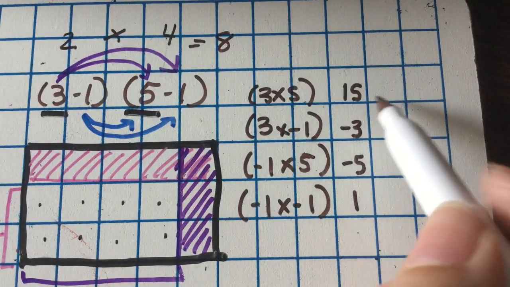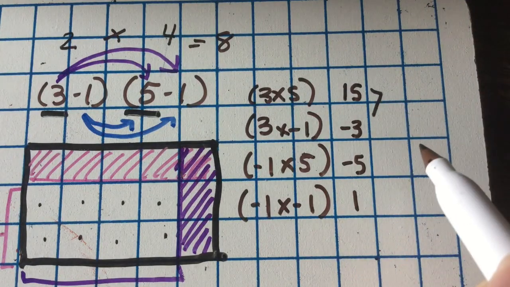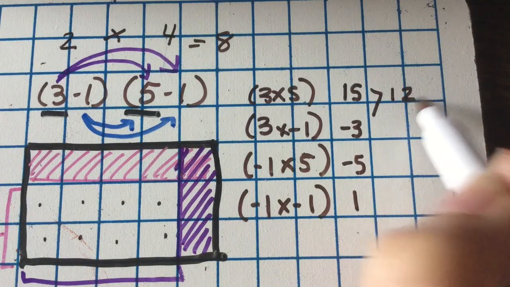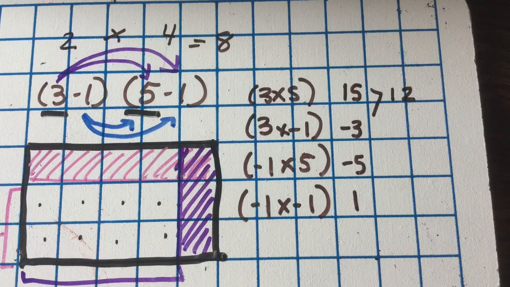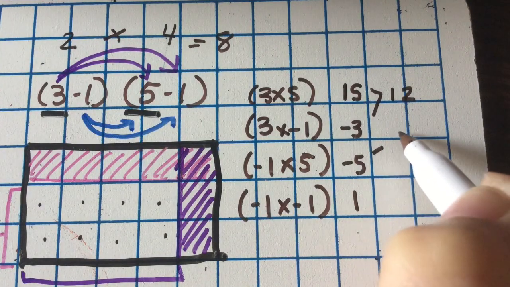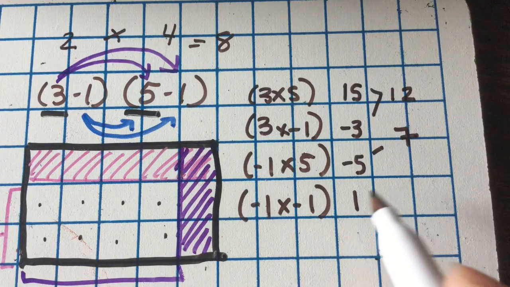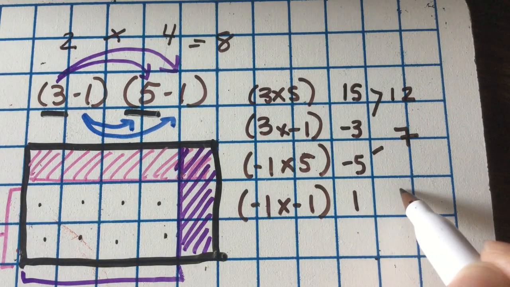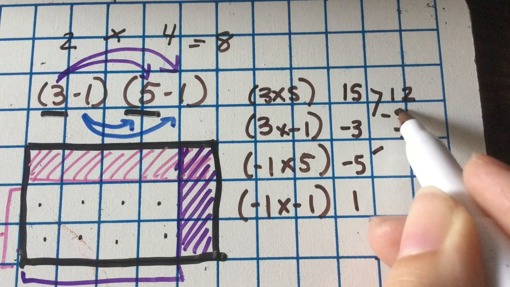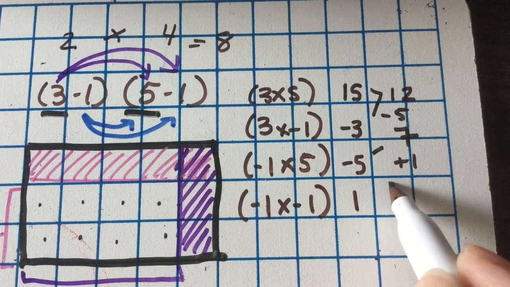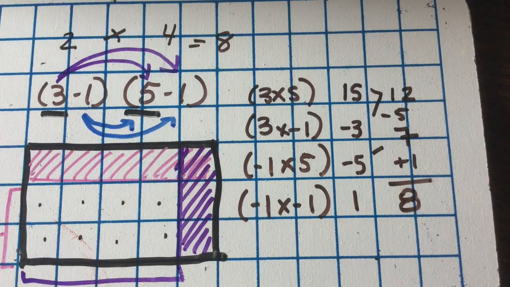We have got 15 minus 3, which is 12, minus 5, which will get us to 7. And then we have a positive 1 back here, which will get us to our answer of 8.